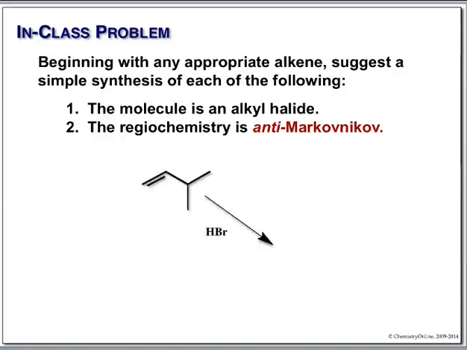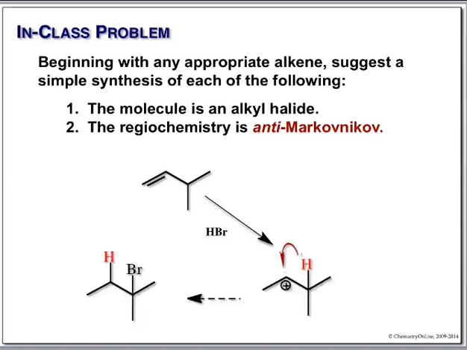If we did this, we would get this as our carbocation. This will now undergo a spontaneous rearrangement. Hydride, H-, will simply move over to here, and we would wind up with the tertiary alkyl halide.